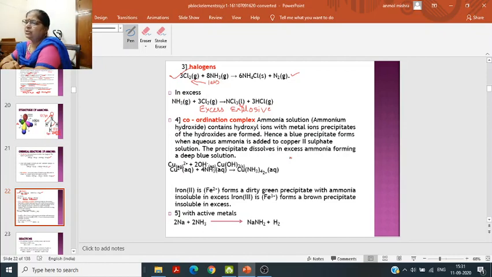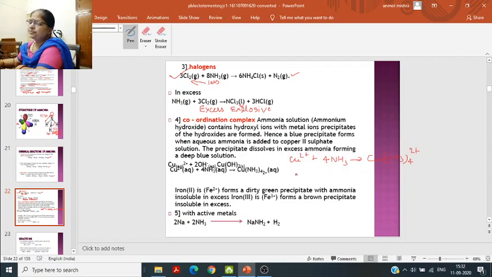So ammonia solution combines with copper ion to form tetraammine copper ion, Cu2 plus. In practicals we are doing, it will form Cu(NH3)4 2 plus.